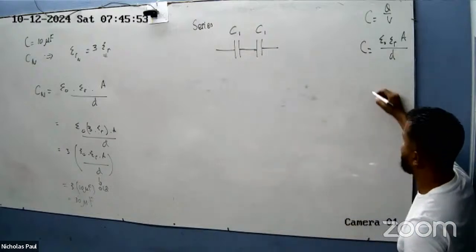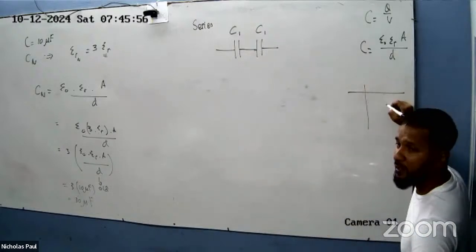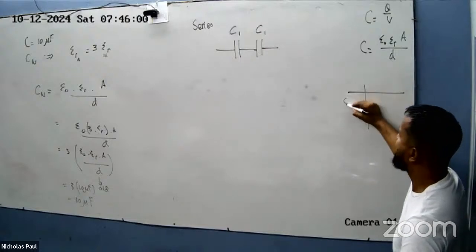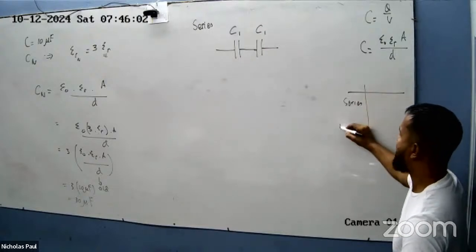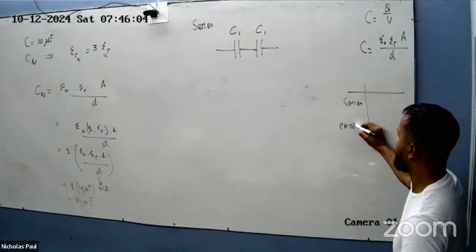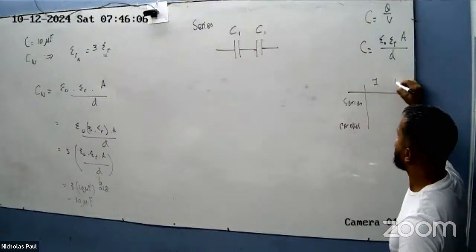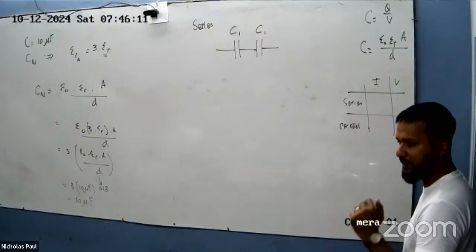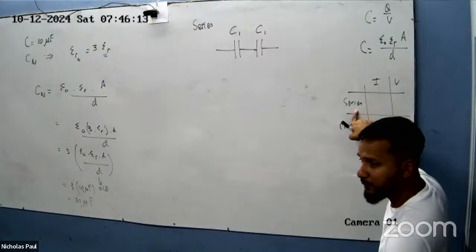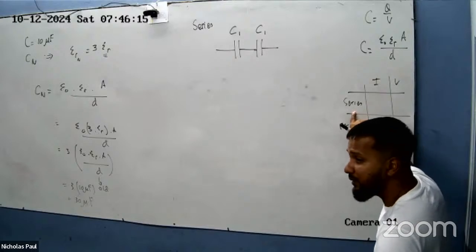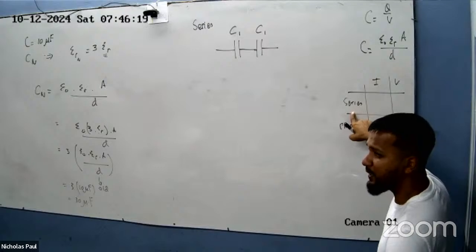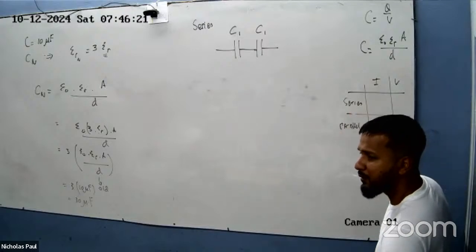There's something I just want to go over quickly. If I have a series circuit and a parallel circuit, and I have current and voltage, we don't need resistance for this case. Current in series is the same.